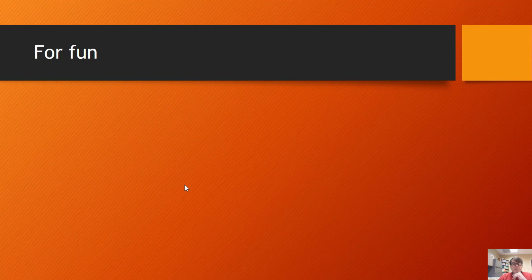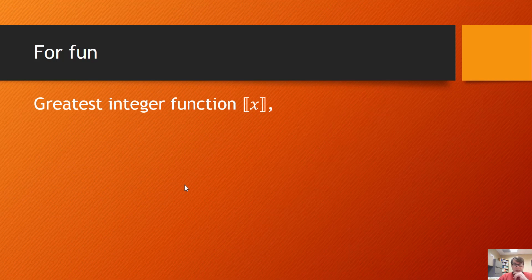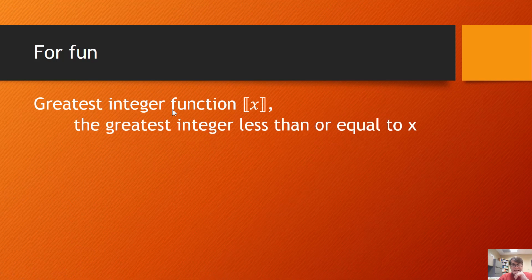For fun, they threw in a couple other functions to know about in this section. They're not part of the lesson. They're just kind of, as we go about the lesson, we learn some other things. So there's something called the greatest integer function, often shown by double brackets. Basically, it's the greatest integer that's less than or equal to x.